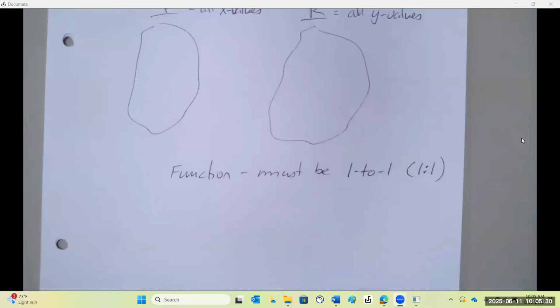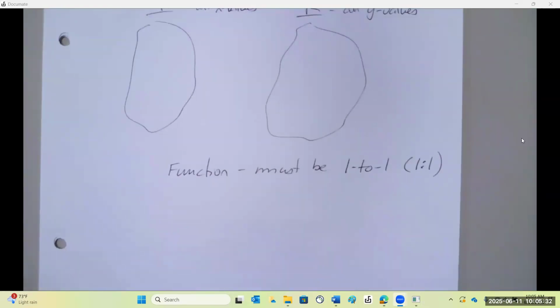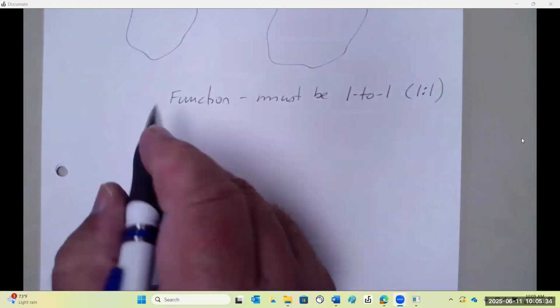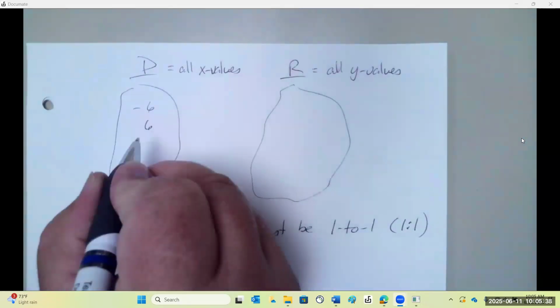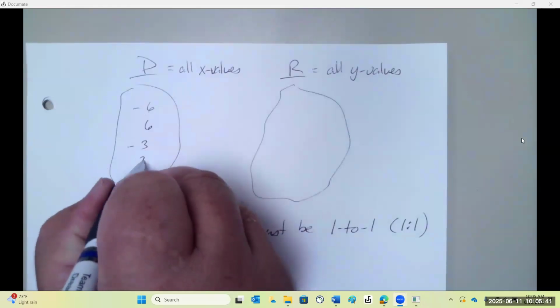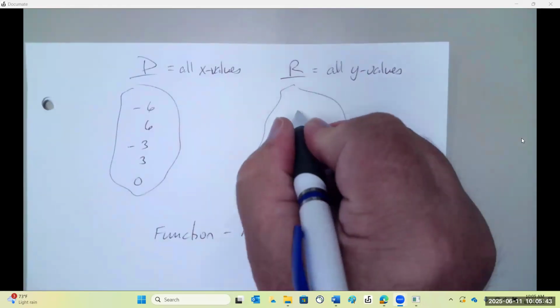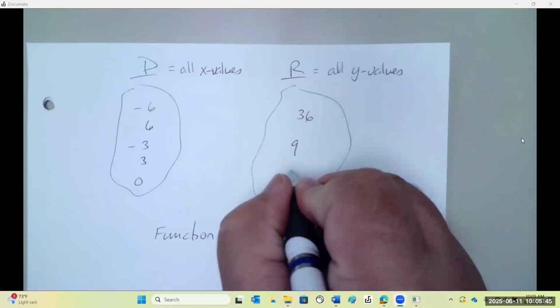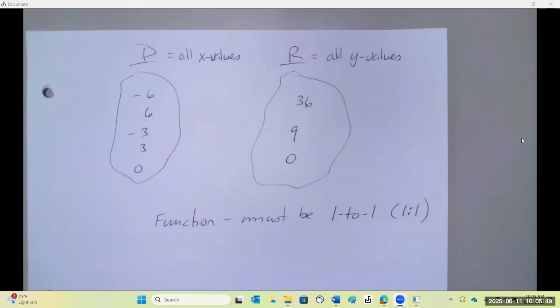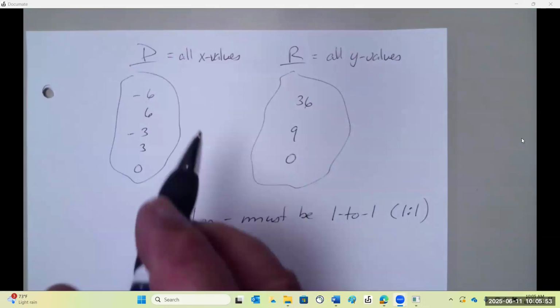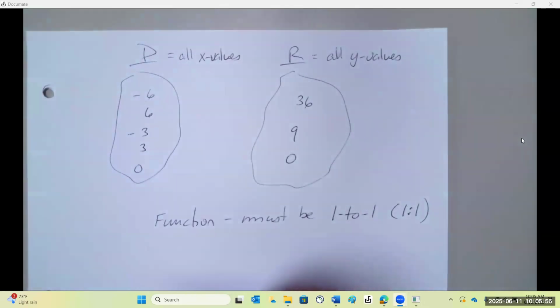Now, it may be easier if we look at it in terms of points. Or, I mean, let me do this one first. So we have -6 and 6, -3 and 3, and 0. Remember, the domain deals with the X values.